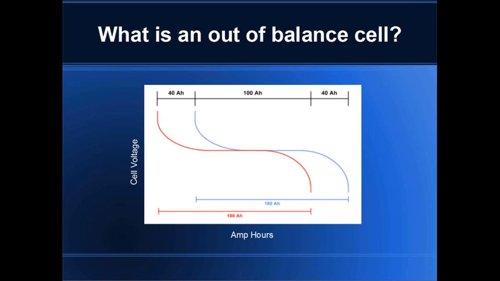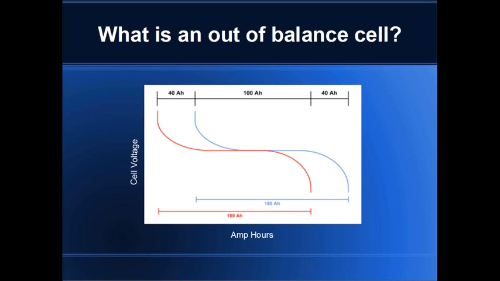And on this slide here, this shows an example of why that's useful. So in this example, we have a red cell and a blue cell. The red cell is charged higher than the blue cell is, and you can see in the middle section, the middle 100 amp hours that's listed here is the usable capacity. It's the section between where the blue cell goes up and reaches the maximum and the red cell drops to the minimum.